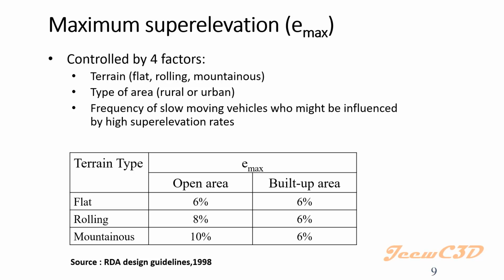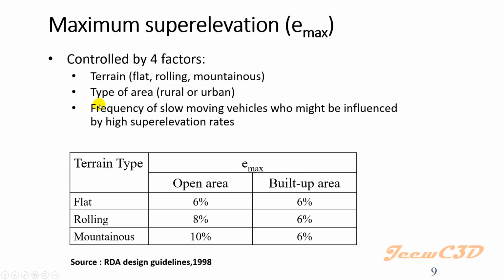So your super elevation depends on terrain type, flat, rolling or mountainous. Then type of area, that means whether it is a rural area or an urban area. For rural area we call them open areas, and urban areas we call them built up areas like here.